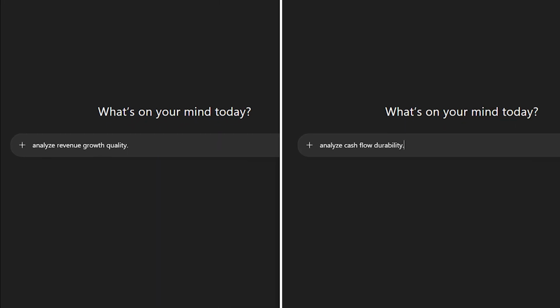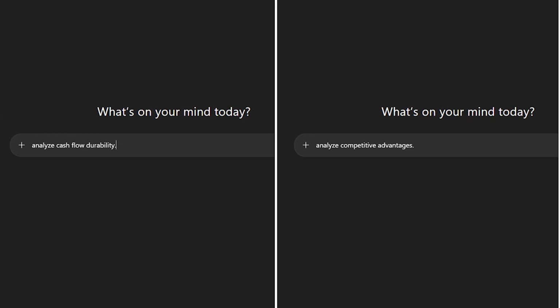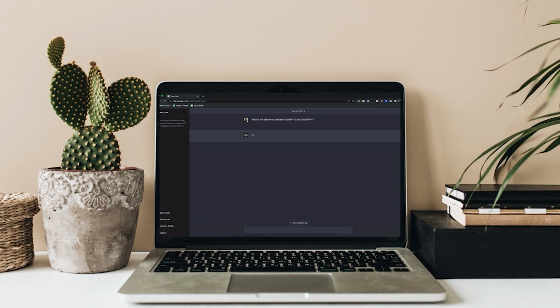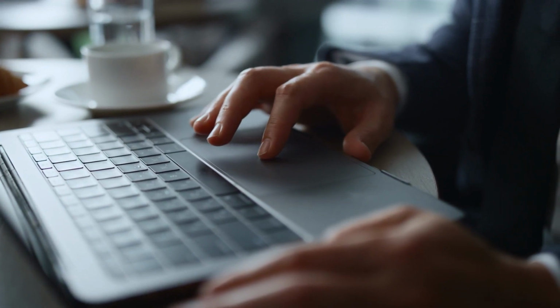For example, analyze revenue growth quality, or analyze cash flow durability, or analyze competitive advantages. Each prompt should have one clear objective. This forces AI to go deeper and produce decision-relevant insights instead of surface-level commentary. Clear tasks turn AI into a research assistant instead of a storyteller.